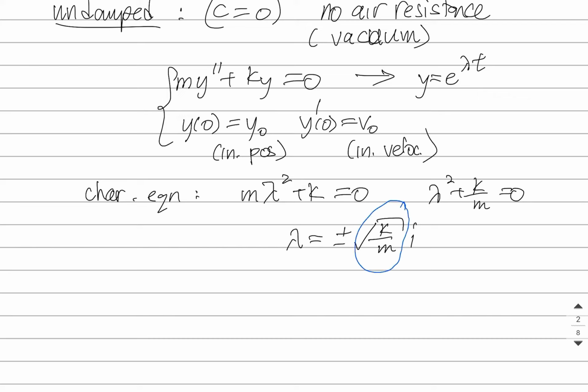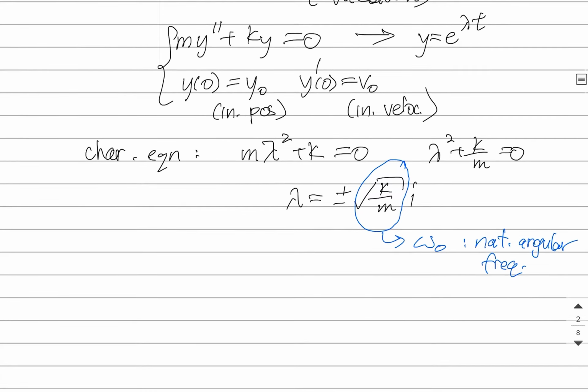For convenience, we are going to call this thing omega naught. So it's not a w, it's an omega naught. And we're going to say that this is the natural angular frequency. And we'll talk about why that is in just a moment. Now, given that we have complex solutions, the general solution to this problem, we already know the basis functions.